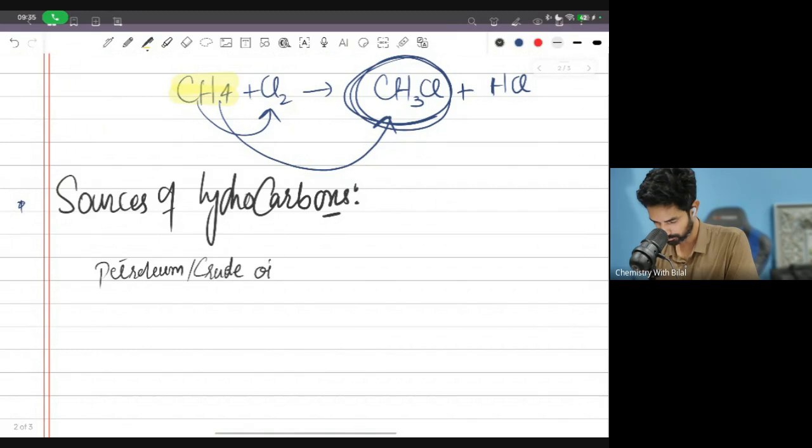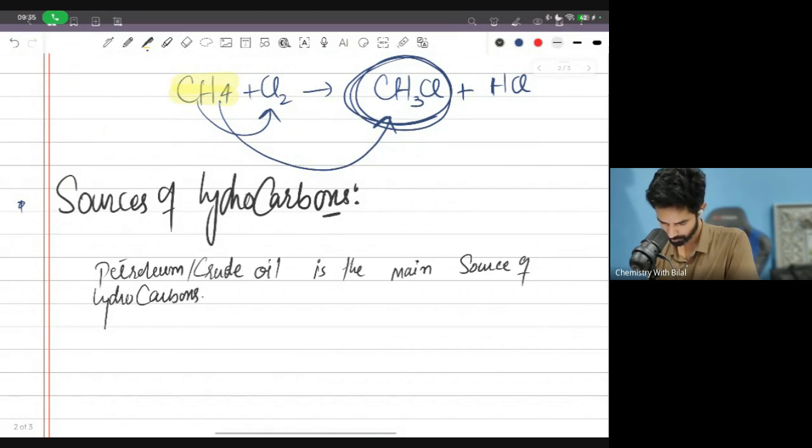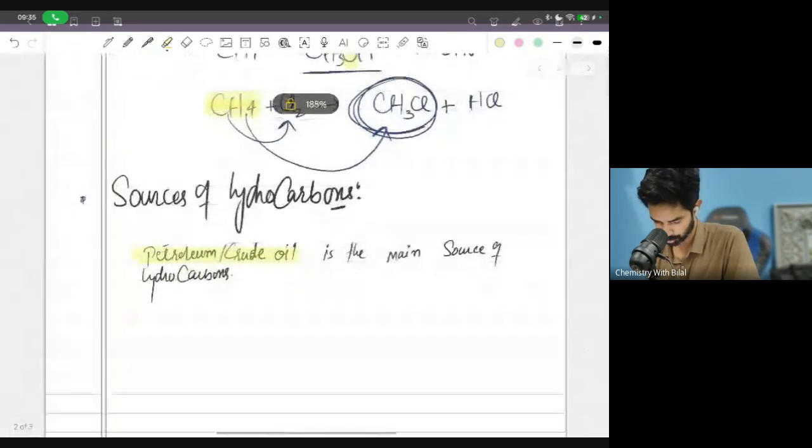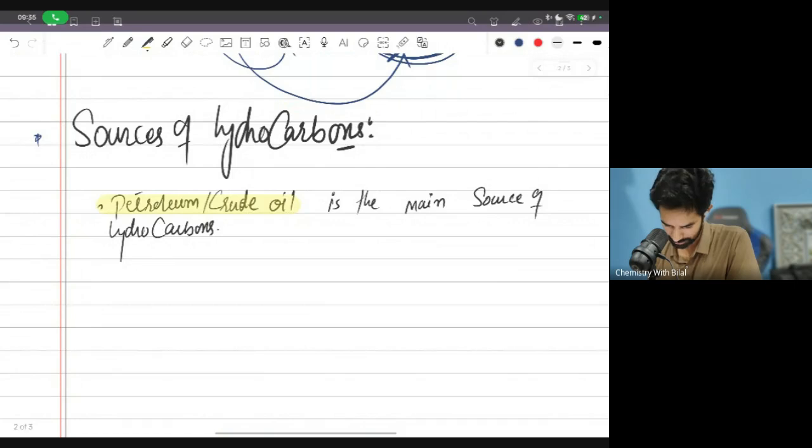Crude oil, the same thing. The main source of hydrocarbon. So it is petroleum that is the main source of hydrocarbons. But what exactly is this petroleum?